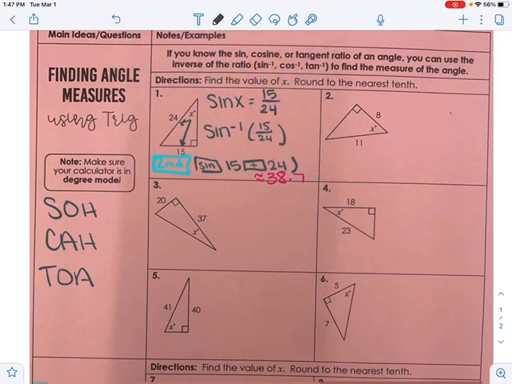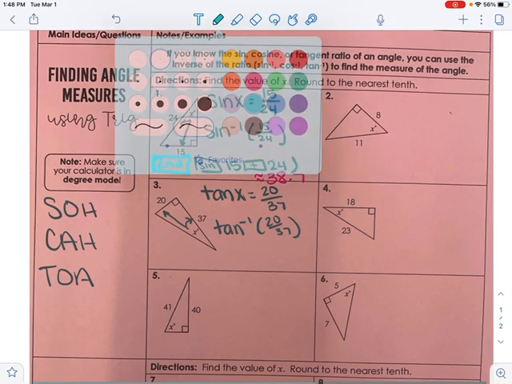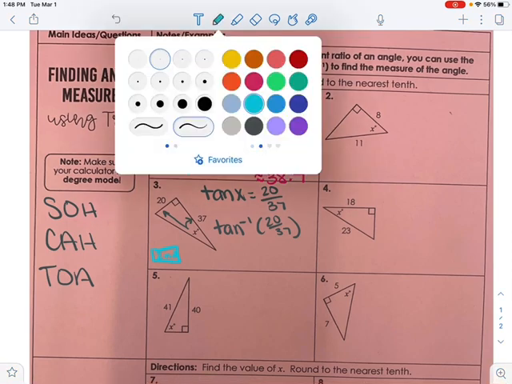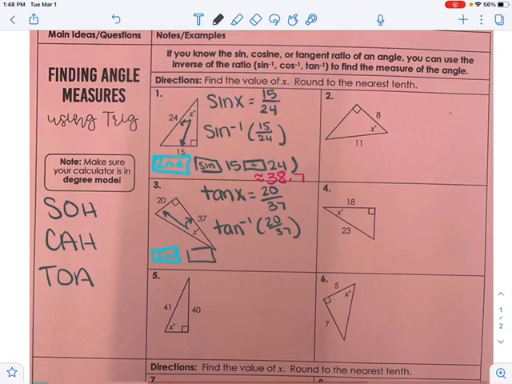Okay, let's try this again. Based on what I have in number 3, I don't have the hypotenuse labeled, which means this is going to be a tangent of the angle, which I don't know, is the fraction opposite over adjacent, 20 over 37. So again, that means I'm hitting the tangent inverse, 20 over 37, which again means second, in this case, the tangent button.